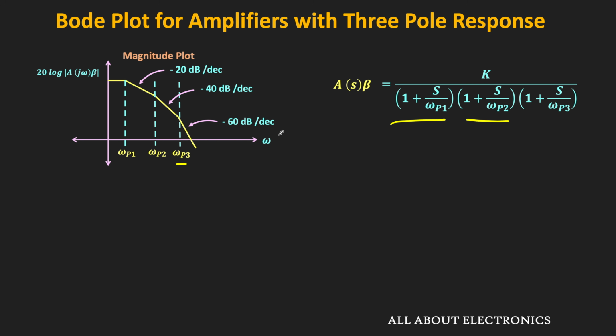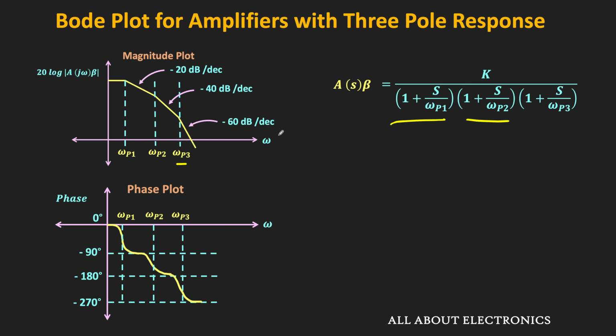Similarly, now let us see the phase plot. It will look like this. Up to 0.1 omega p1, the phase will be almost 0. From 0.1 omega p1 onwards, the phase will start reducing. At omega p1, it will be close to minus 45 degree and it will reach minus 90 degree at 10 omega p1.